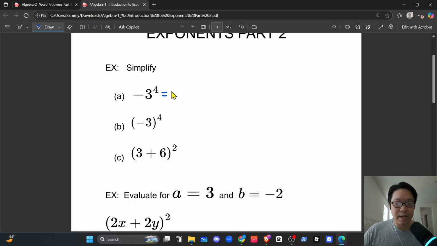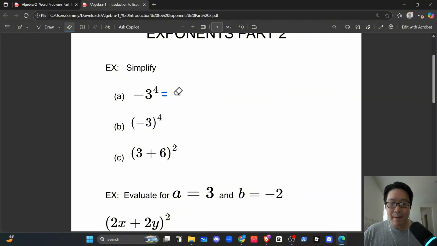Again, as I emphasized in the last video, the exponent of 4 does not apply to the negative. It only applies if there's a parenthesis. So it does not apply to the negative. The only thing it applies to is the base of 3.